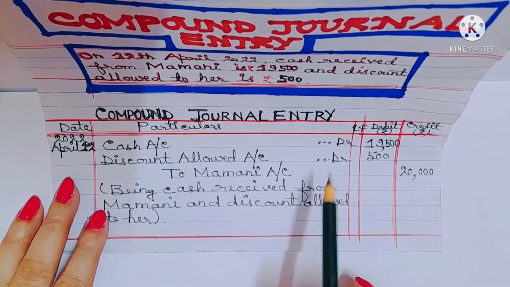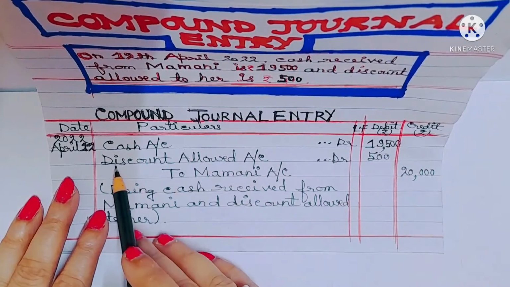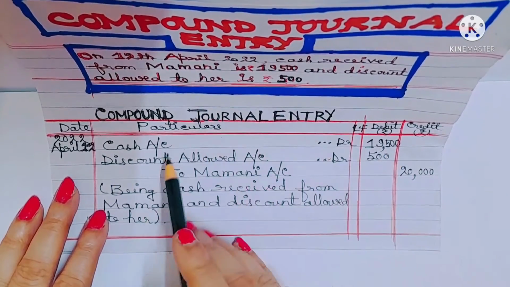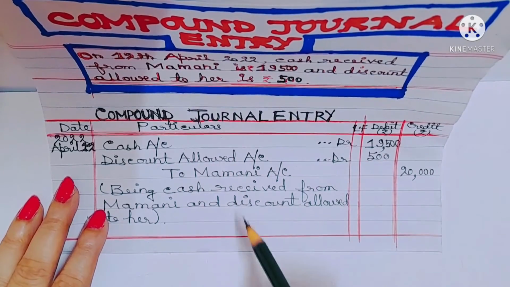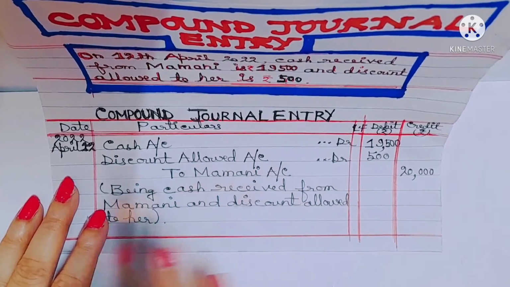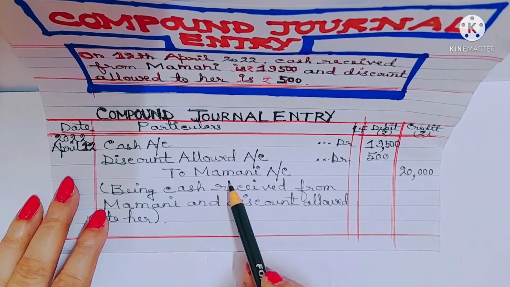This is the rule. Understood? We are going to ignore discount allowed because discount allowed is on the debit side. We don't look at the debit side; we look at the opposite of cash account. Cash account is on the debit side, so who is on the credit side? Only Mamuni account. So discount allowed, ignore.